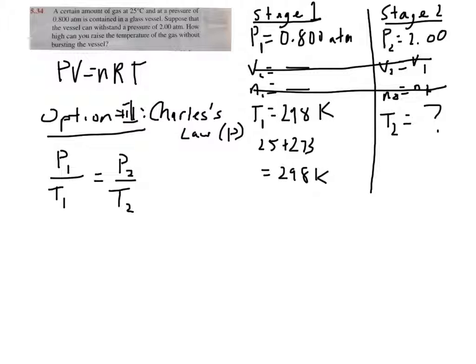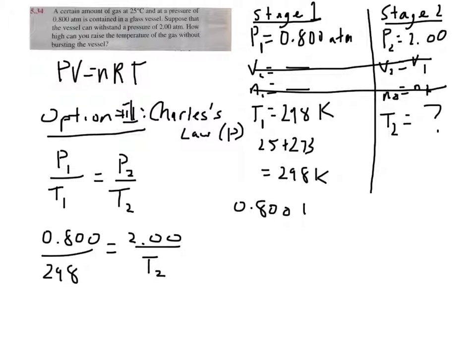So now we look at this formula, look at our chart, and fill in the information. What is P1? P1 is 0.800 atmospheres. T1 is 298. P2 is 2.00, and T2 is what we're solving for. Now we just cross multiply, and that gives us 0.800 T2 equals 2.00 times 298.